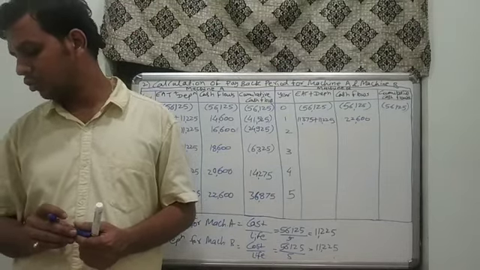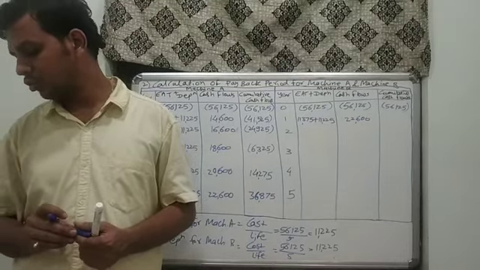Then the second cash inflow was 9,375 plus 11,225, which is 20,600. Minus 33,525 plus 20,600 is equal to negative 12,925.